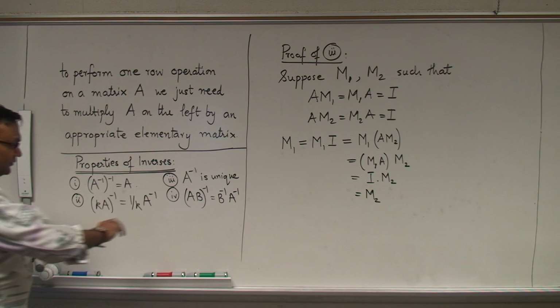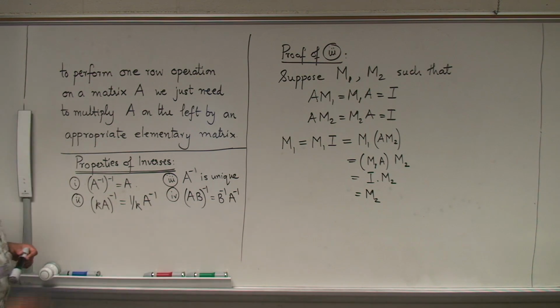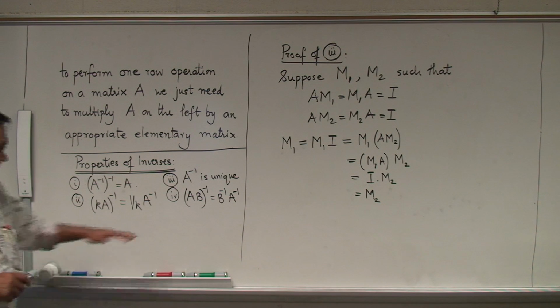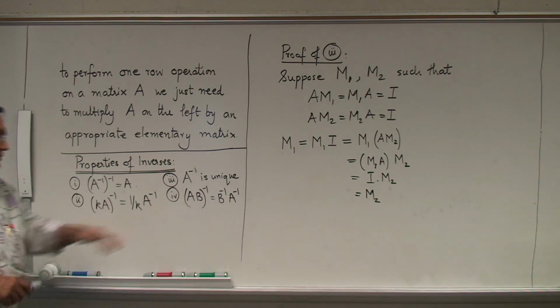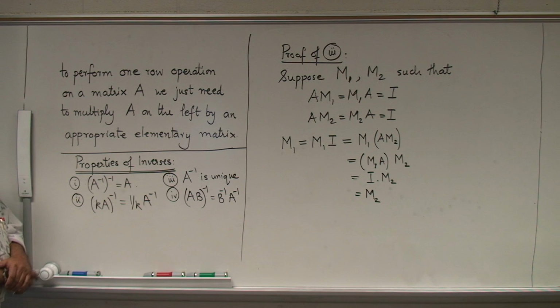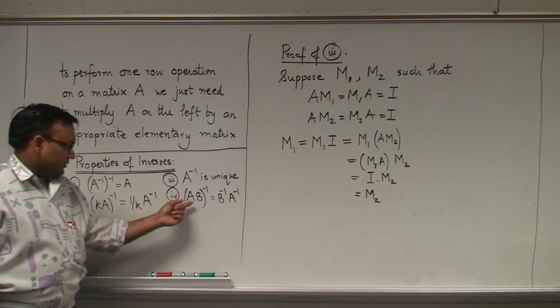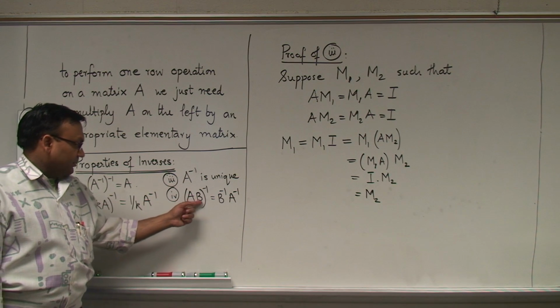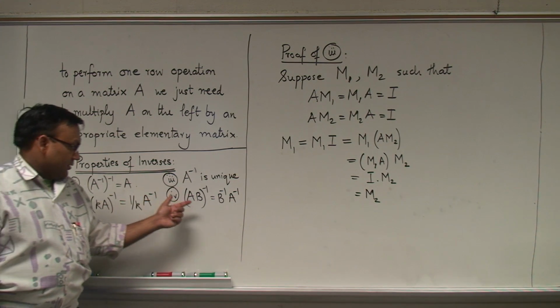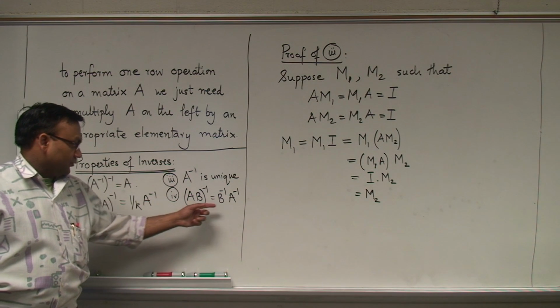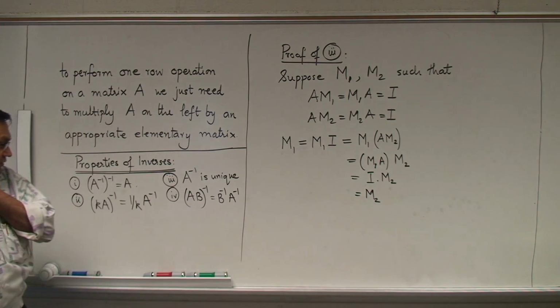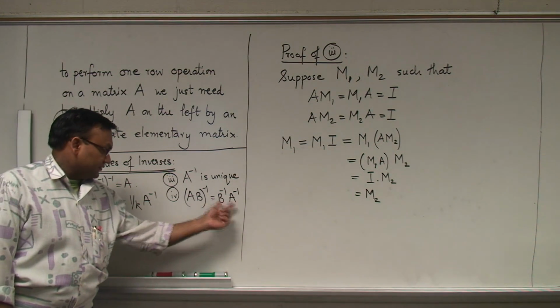Now regarding this fourth property, if you notice, this property seems very innocent, but there's something hidden in here which you should be careful about. What it is saying is, if I give you matrix A and matrix B, then the inverse of that matrix would be B inverse A inverse. So first things first, the order has changed.